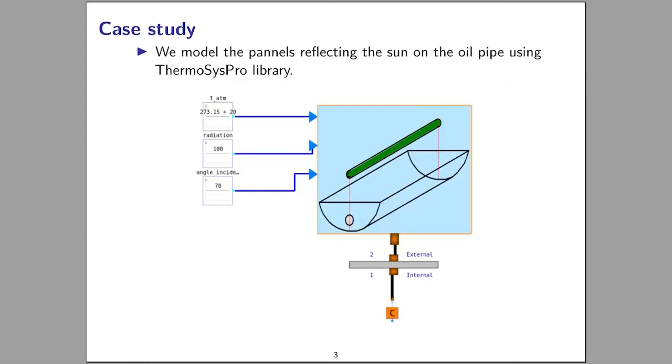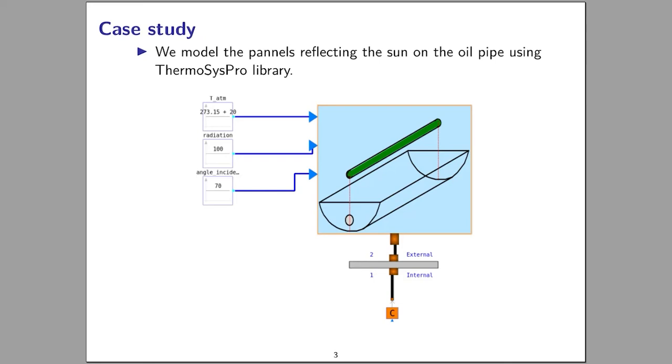We focus on these parabolic solar panels and model them using the ThermoSysPro library. ThermoSysPro is a thermodynamic library for designing power plants, which is developed by EDF. So here you can see the model. We have three inputs: the atmospheric temperature, the sun radiation, and the sun angle of incidence.